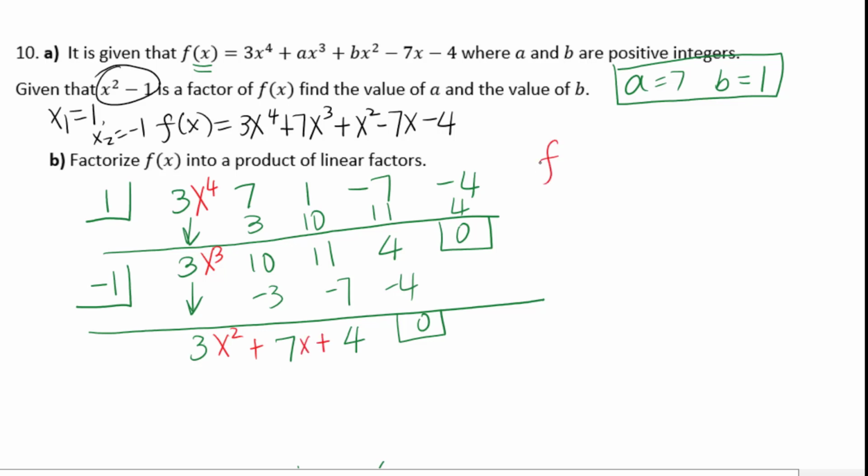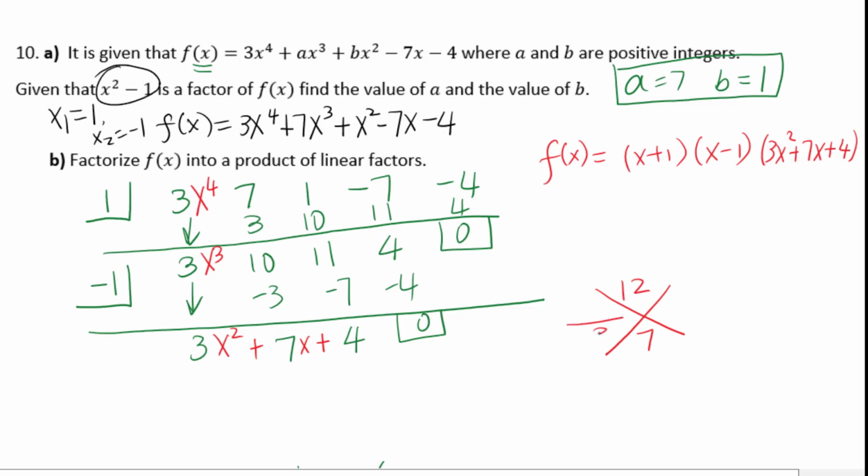So we get f of x equals x plus 1, x minus 1, then times 3x squared plus 7x plus 4. We will do the ninja X for 3x squared plus 7x plus 4. That is 12, 7, over 3, 3, 4.